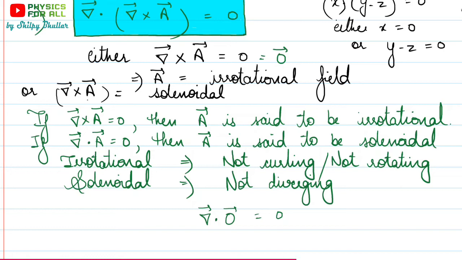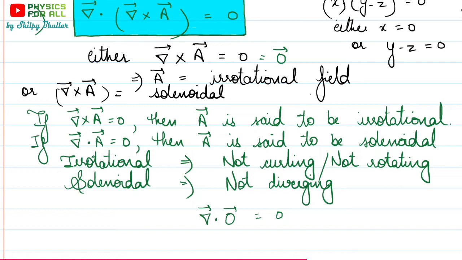Either the field is not rotating, or if it is rotating, then it is not spreading. By this expression, we can conclude these two facts, that either the vector field is not rotating, or if it is rotating, then it is not spreading out.